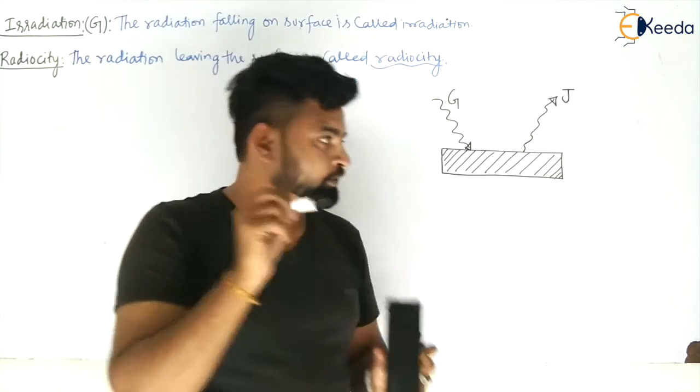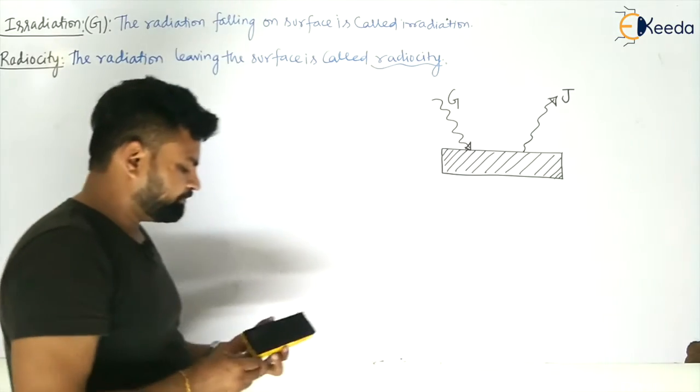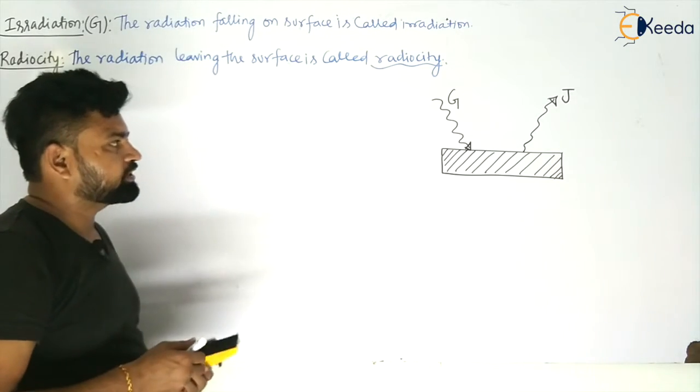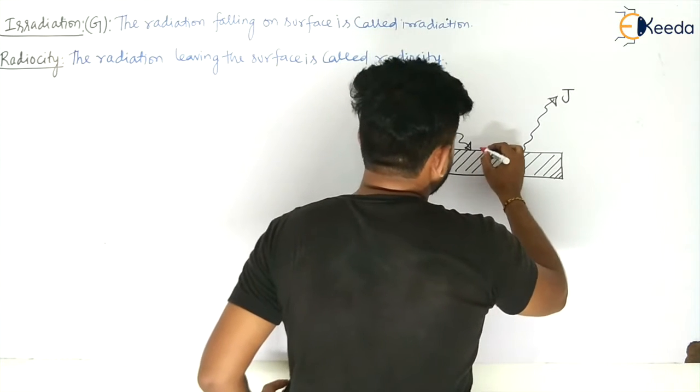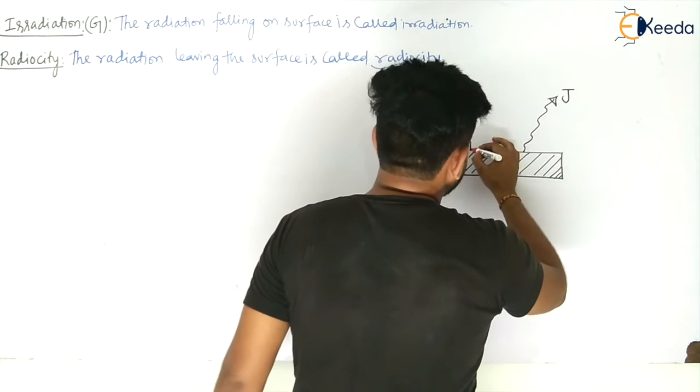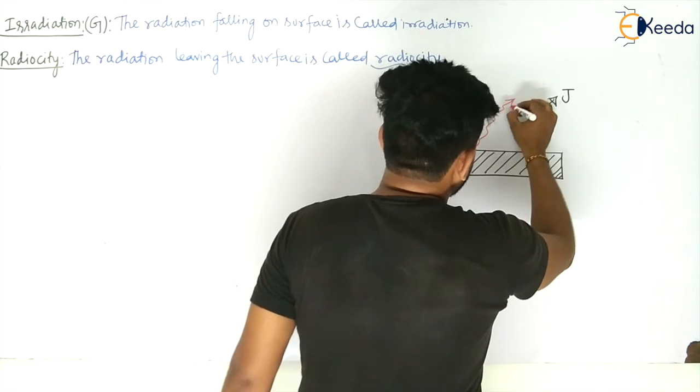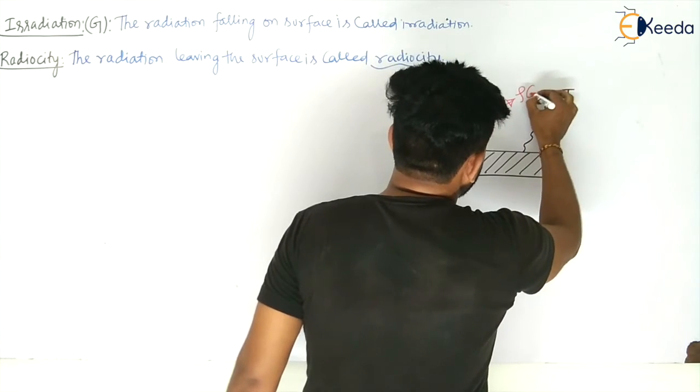Then the radiation which is coming to the body can be reflected back. That will be rho G.